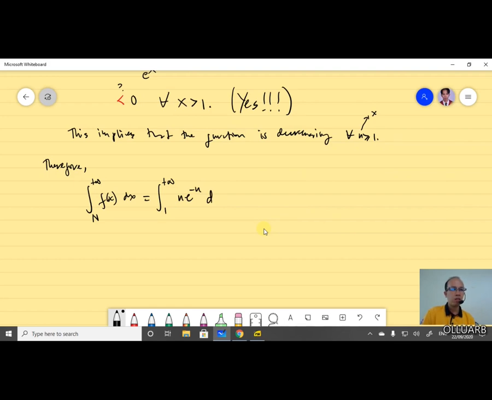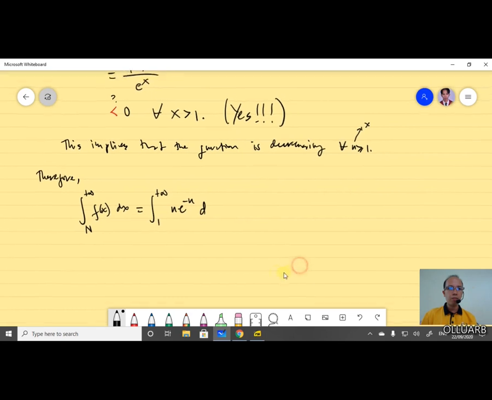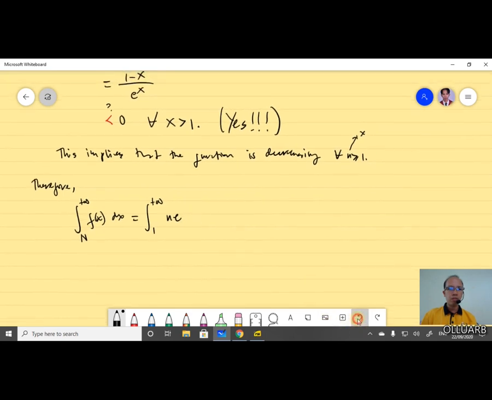I forgot, we use x here, so this must be x e to the negative x dx.